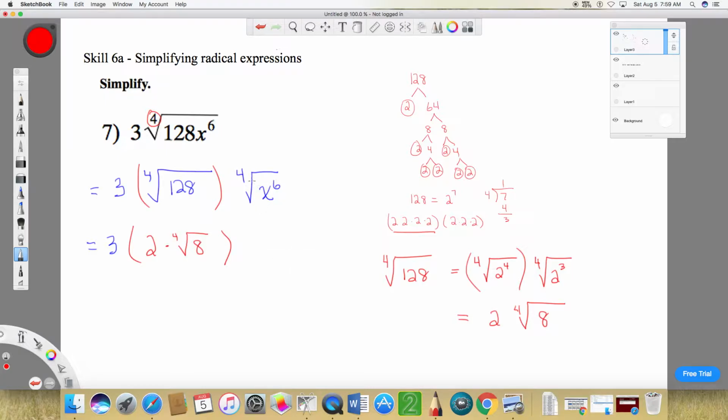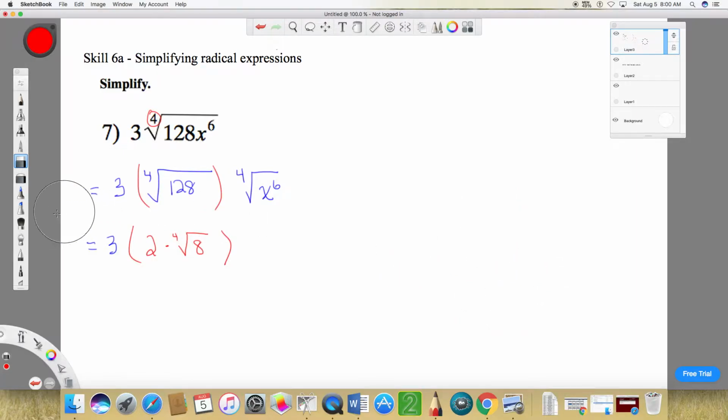Okay. Now, let's take a look at this 4th root of x to the 6th power. What does x to the 6th mean? Well, x to the 6th means that you're multiplying x together and that you've got 6 factors.